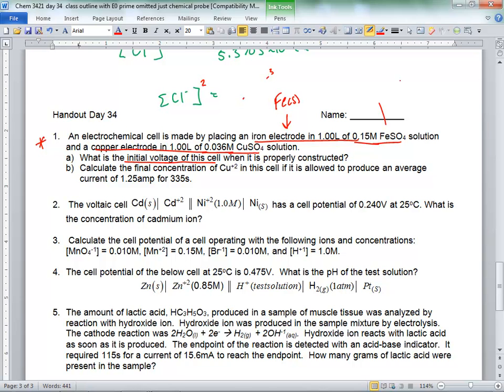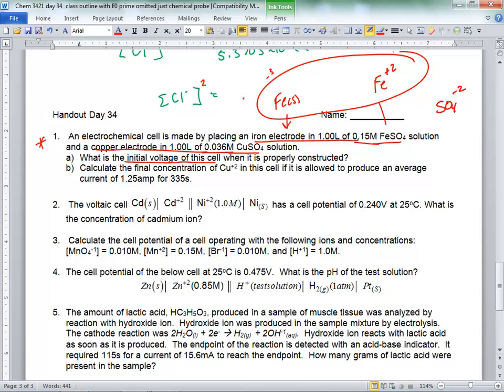This doesn't cut it. Has to be iron what? Plus 3? Is that the 4 minus 2 or minus 2? It has to be plus 2. Because, see how, if you don't know this, you're screwed, right? So there's one half reaction right there. You just look it up.